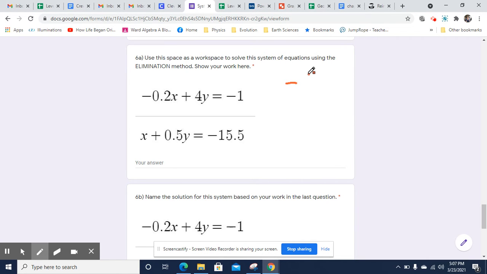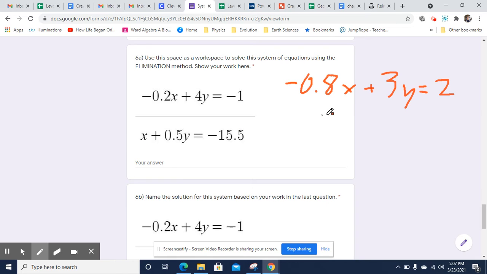Let's say we got negative 0.8x plus, so we'll say 3y equals 2.